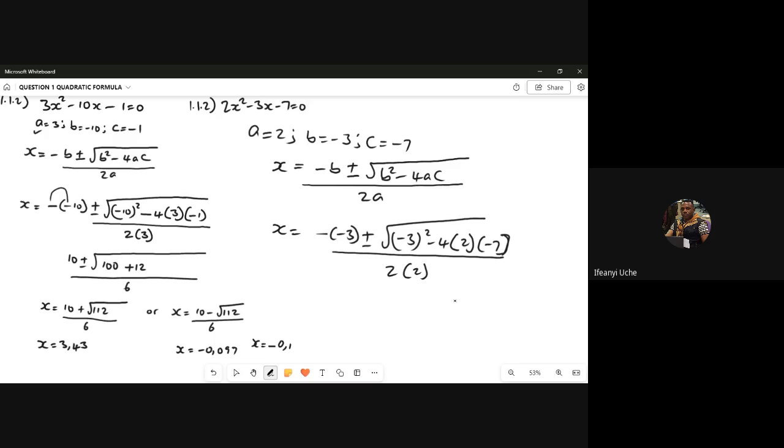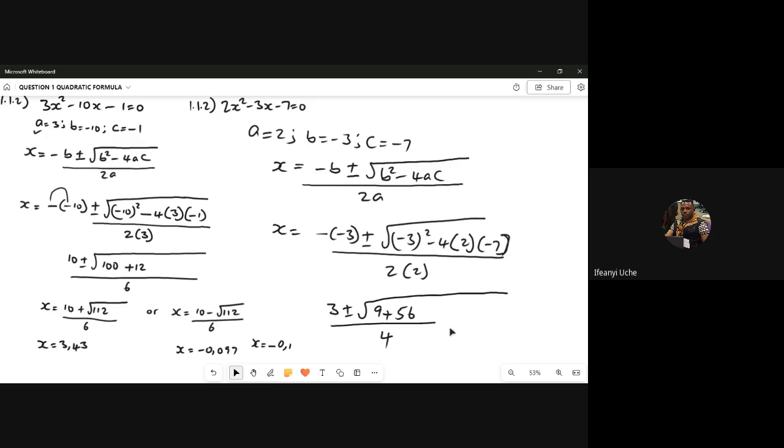Then if you do it the same way, we're going to have 3 plus minus. Remember, I'm just being careful because at times when we feel we're doing the right thing, we might make mistakes. So negative 4 here, if you multiply, is going to give us 56. So we have here 56 all over 4.